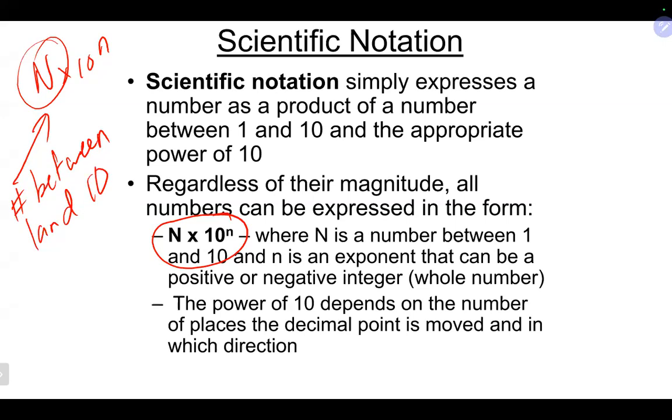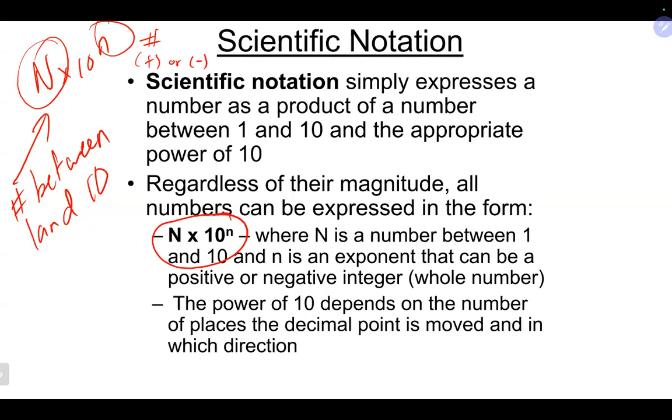It can't be 10, can't be 20, can't be 0.something, can't be 100. It needs to be a number between 1 and 10. Times 10 to the little n there. And this can be a whole number, positive or negative, depending on which way you move the decimal place to get yourself to a number that's between 1 and 10.